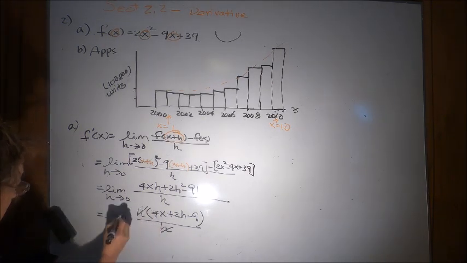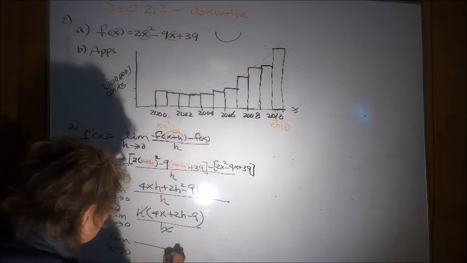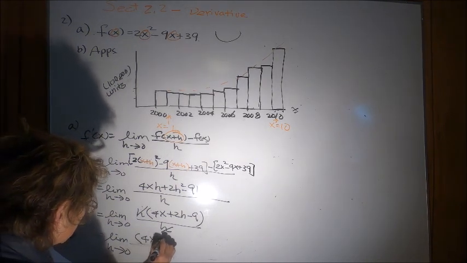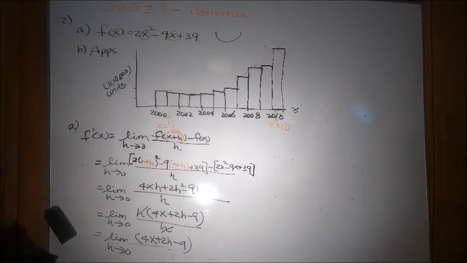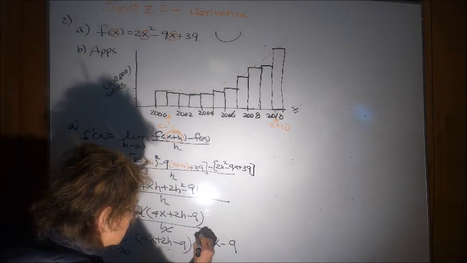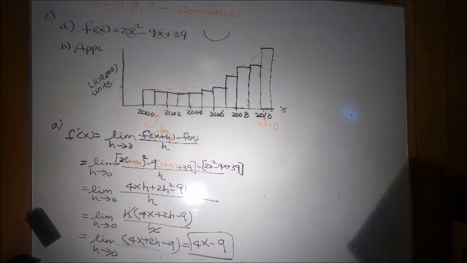So we can cancel our h. Now we try to find the limit of this one, which is what? 4x plus 2h minus 9. Can we plug in now? Yes, we can. So its limit is this guy. Right?